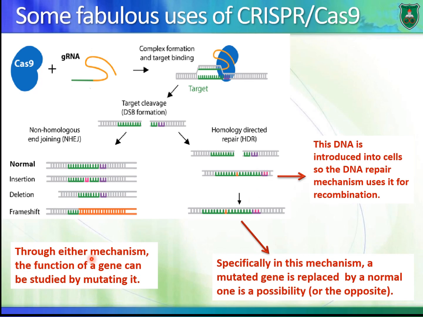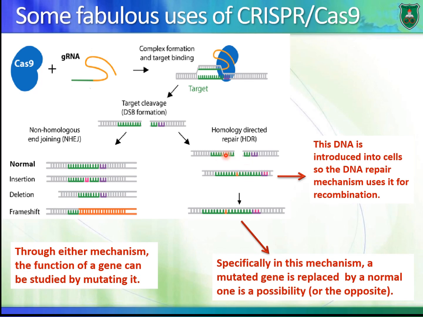So either mechanism, we can actually disrupt a gene. Let's say that this is a good gene and the homologous DNA that we introduce is mutated. Well, we can disrupt it either way, either by activating the non-homologous end joining repair system, or by activating recombination, so that instead of a fully functional gene, it is now exchanged by a faulty gene.